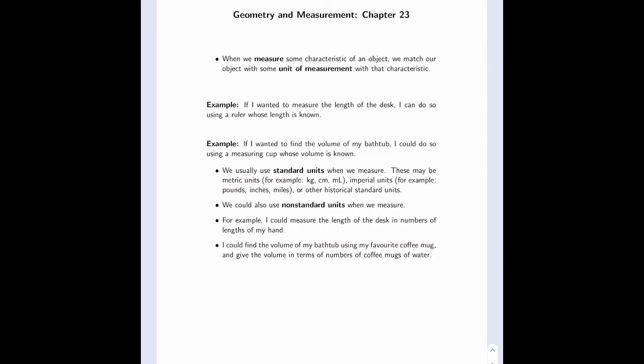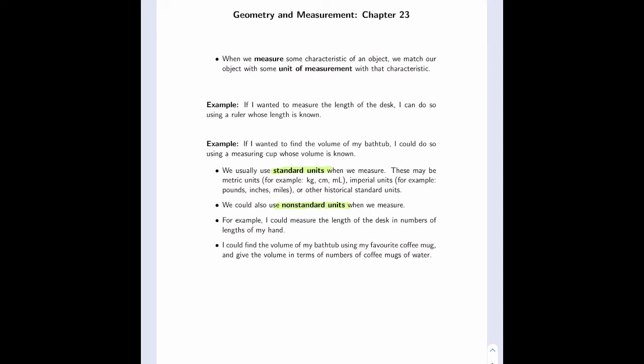So that's called a standard unit, a unit that everyone understands what I mean, or at least most people understand what I mean when I say a standard unit. We can also use a non-standard unit. In this example, if I wanted to find the volume of my bathtub, I could do it using a measuring cup that I know the size of.